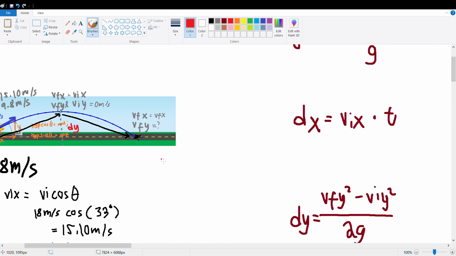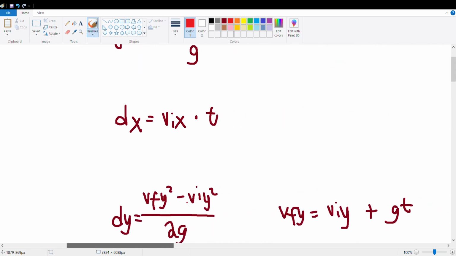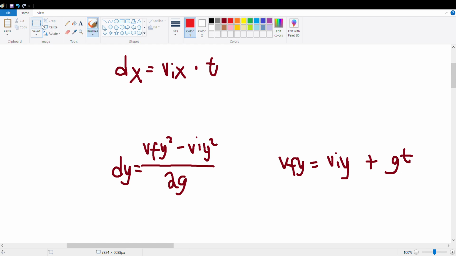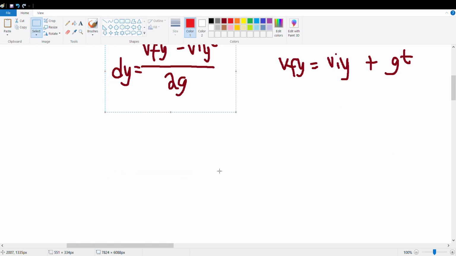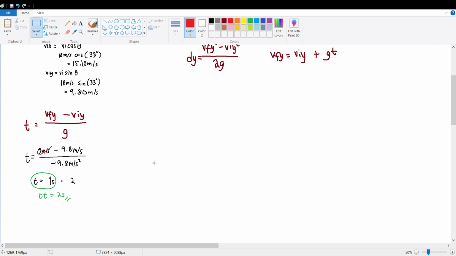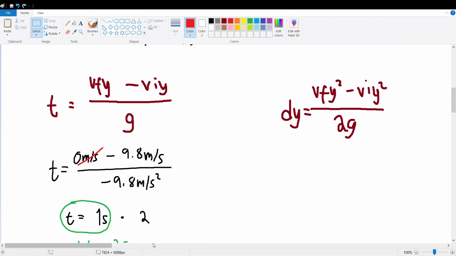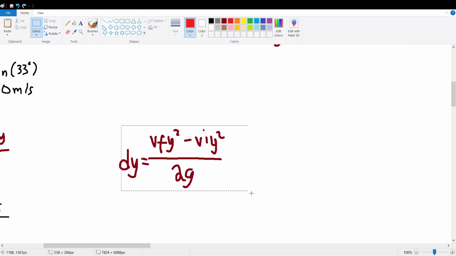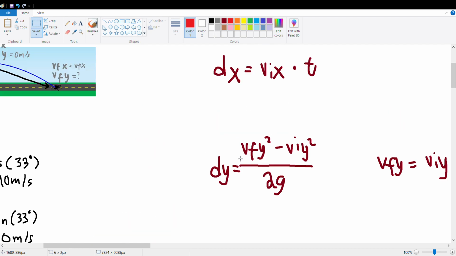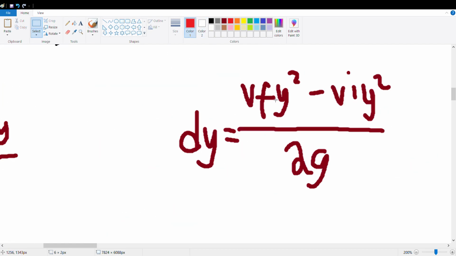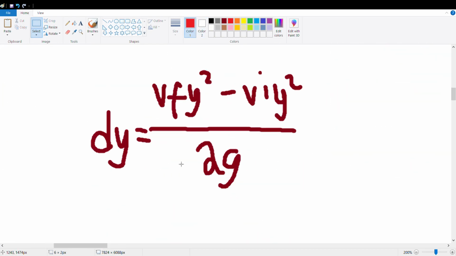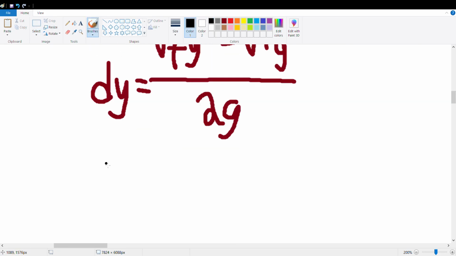Now all we need to do is use this formula, which is from the major kinematics formulas, so you really have to familiarize yourself with it, but you also have to know when to use it. So we just need to substitute the values.